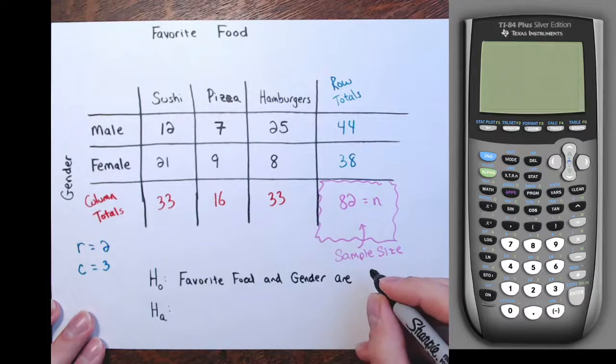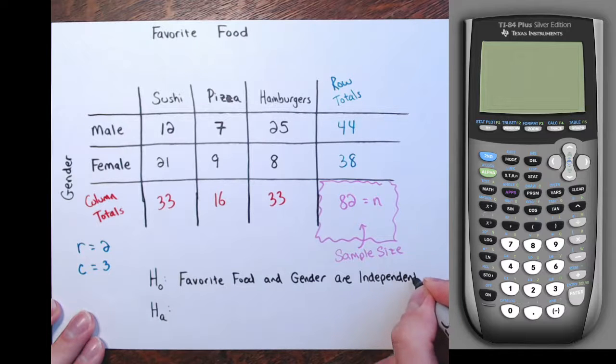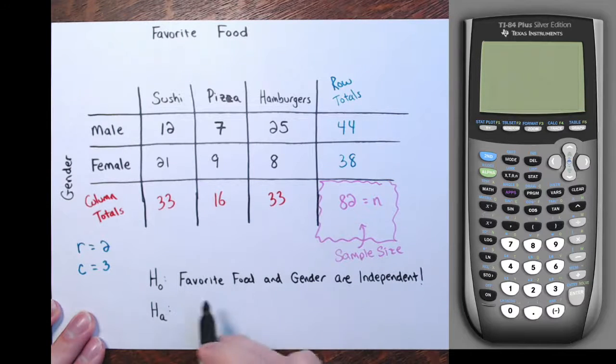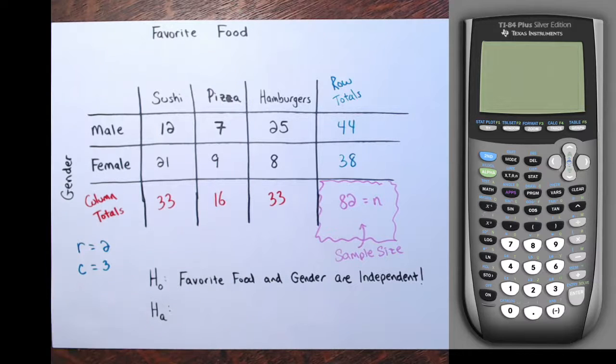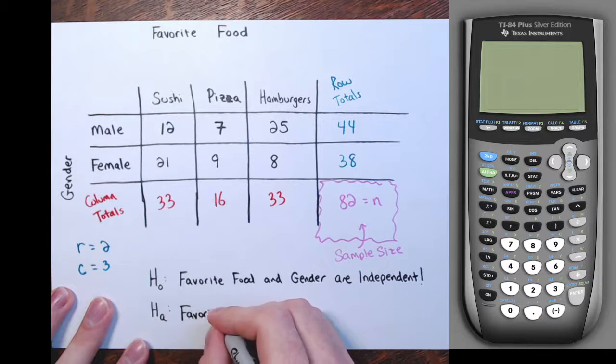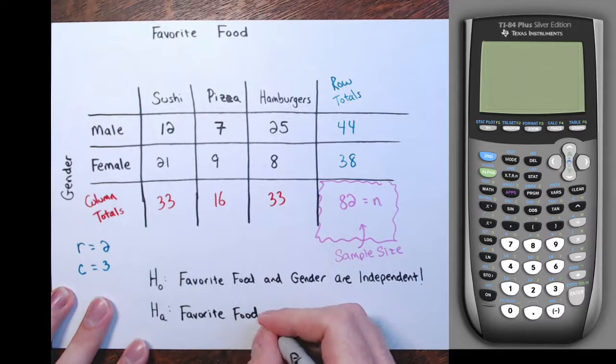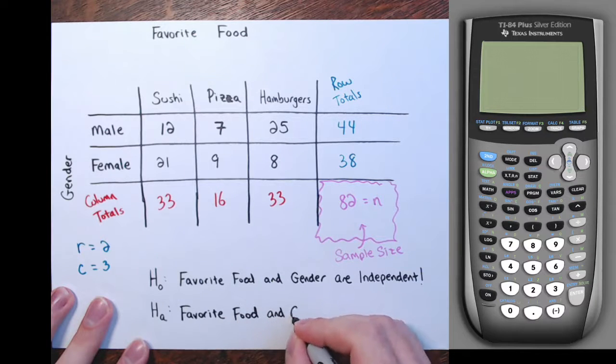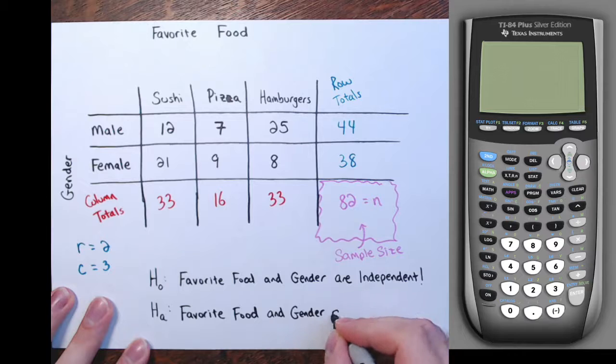They have no association. This is what's going to be assumed: we're going to assume they have nothing to do with each other. There's no association. They are independent. And the alternative hypothesis is that the favorite food of a student and their gender are related in some way. They are dependent.